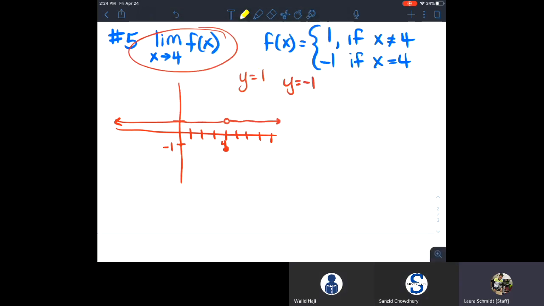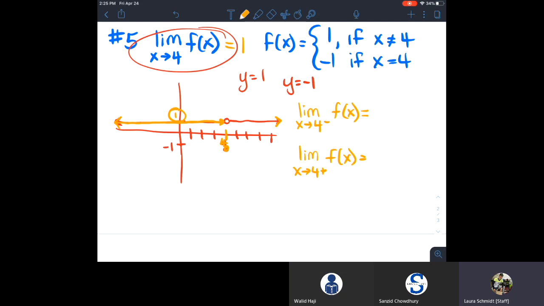So the reason the answer is 1, you said it was? Yeah, okay, so that makes sense because to determine a limit, if you can't figure it out just by looking, then you can look at the left hand limit and the right hand limit. As long as they approach the same value, then that's the answer. If you go from the left side of the graph, you're approaching 1 as you get closer to 4.